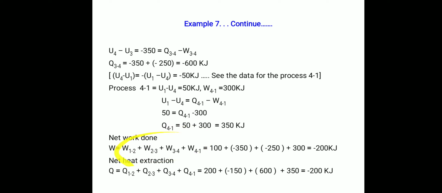So if we add all the work done for all the processes, then we get the net work done. In the similar way, if we add the Q values from 1-2, 2-3, 3-4 and 4-1 process, we get the net heat extraction, right? So in this way we can calculate the different values which are unknown or not given in the table.